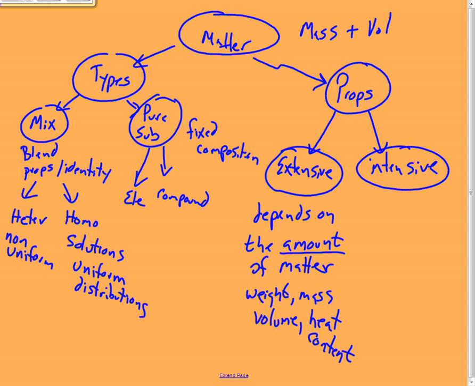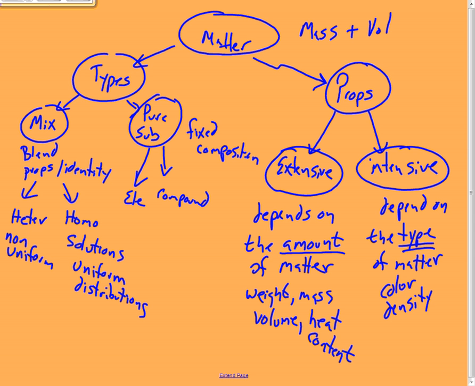Intensive properties, on the other hand, depend not on the amount, but on the type of matter. So things like color, density, appearance, shininess.